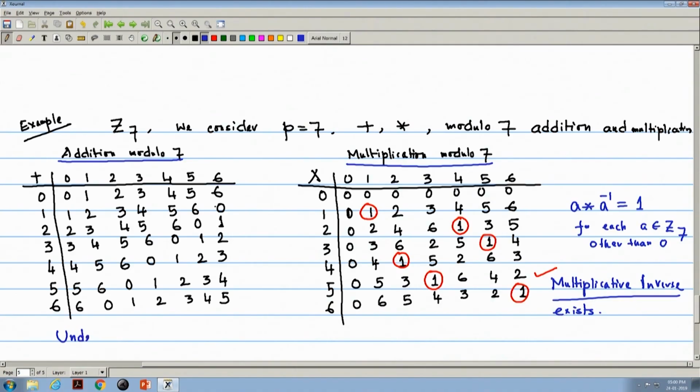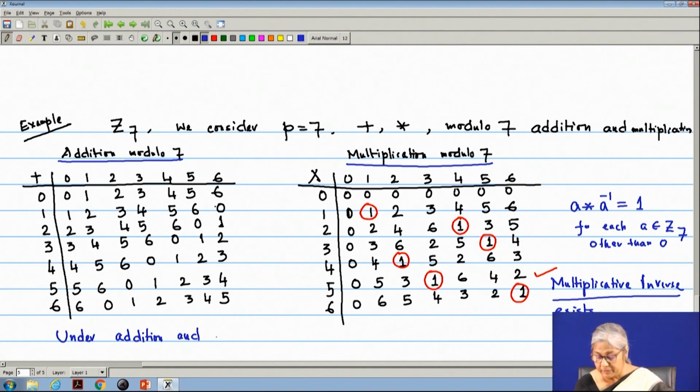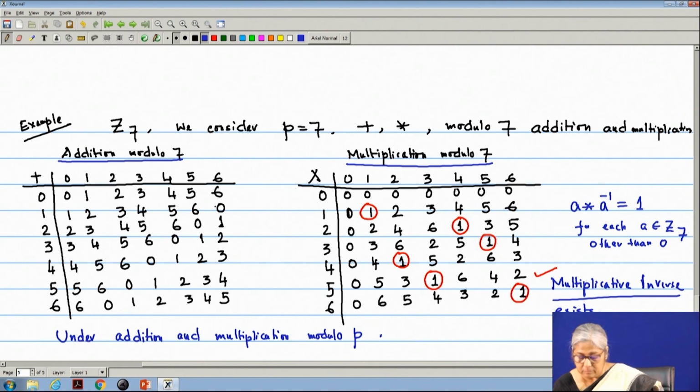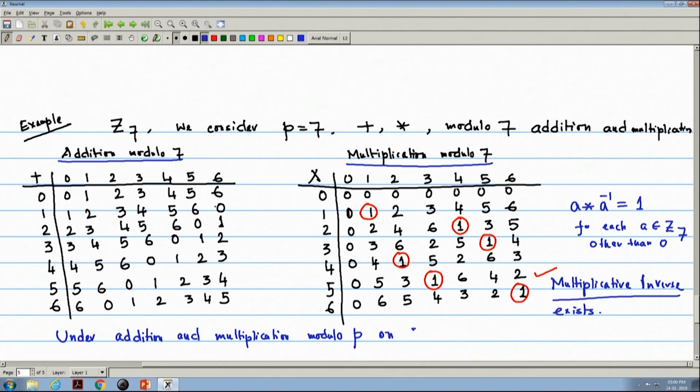So, we conclude that under addition modulo p and multiplication modulo p, these two binary operations, where p is prime, Zp, the set 0 to p minus 1, is a field.